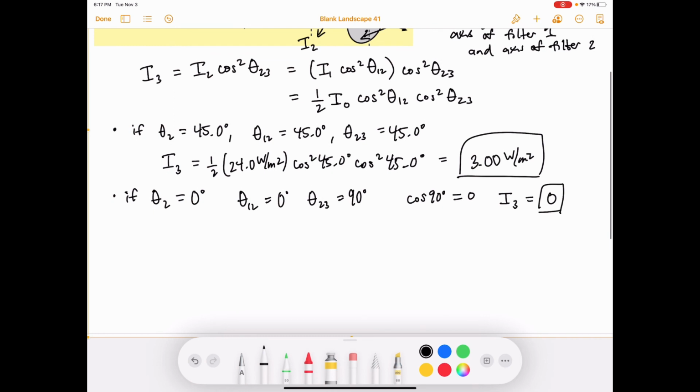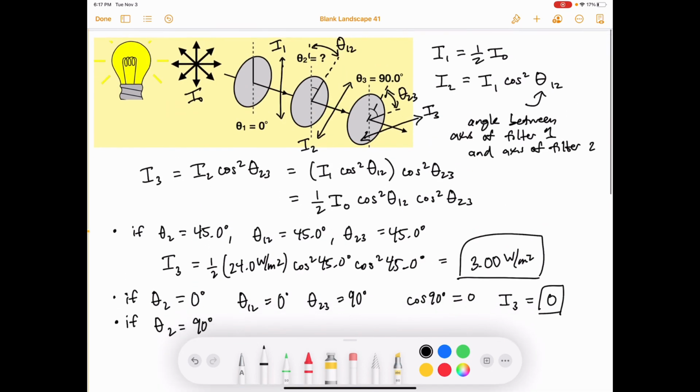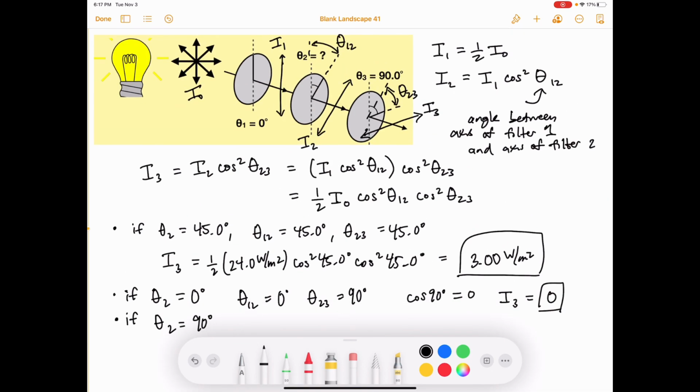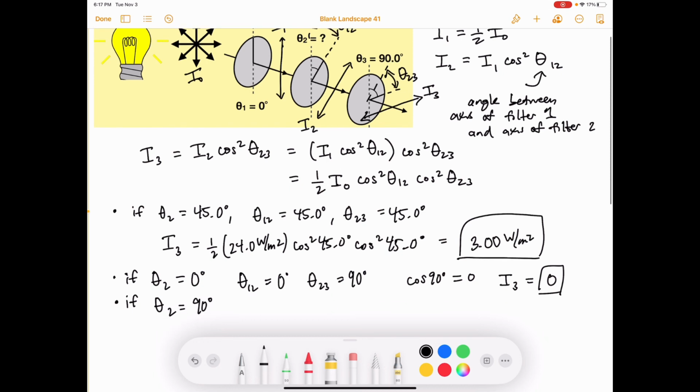Okay, in the next case, we have theta 2 equaling 90 degrees. So that means we set the second filter so its axis is perfectly horizontal. Now that means the angle between filter 1 and 2 is 90 degrees, because one of them is completely vertical, the other is completely horizontal.